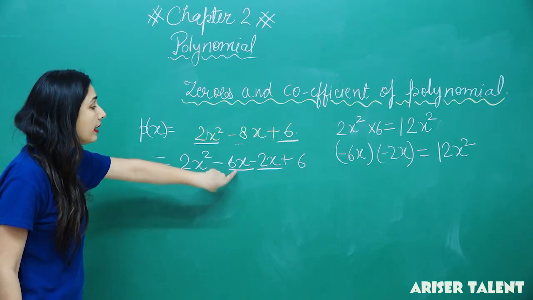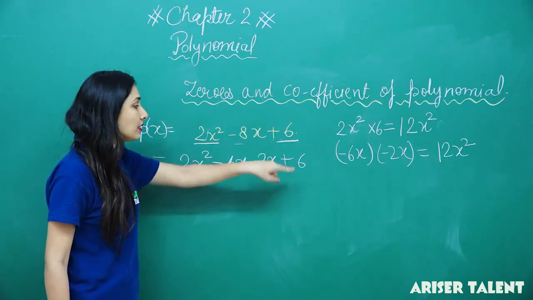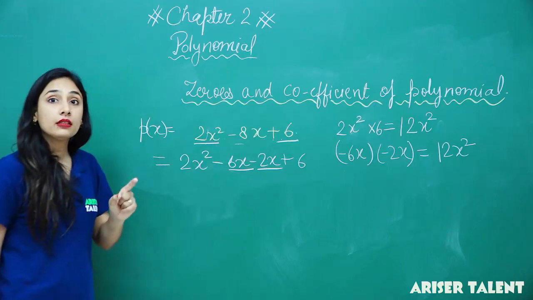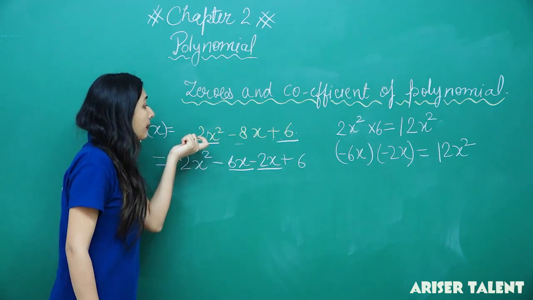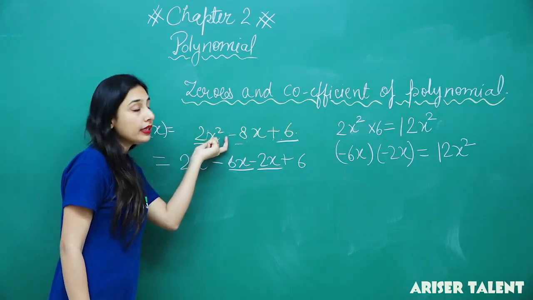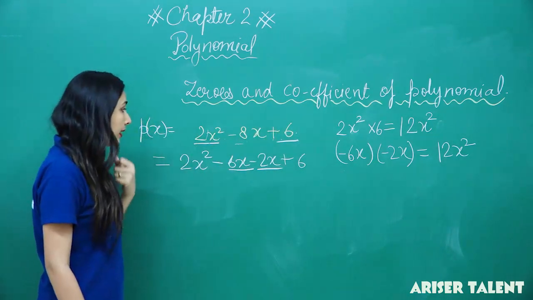Now we can see that minus 6x times minus 2x is plus 12x square, which is equal to the multiplication of 2x square and 6. Okay.